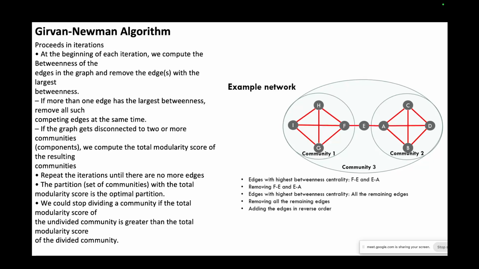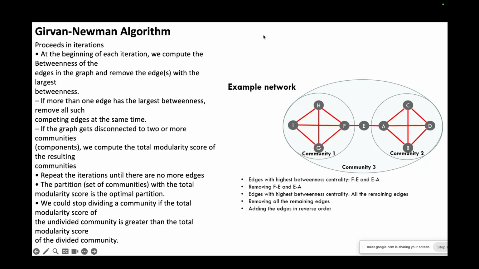So your termination criteria is you repeat the iterations until there are no more edges, and the partition with the highest total modularity score is the optimal partition. You can also stop when the total modularity score of an undivided community is greater than the modularity score of a divided community.